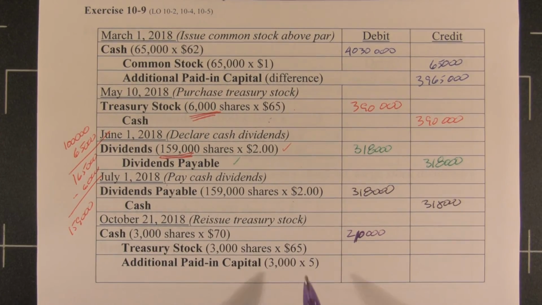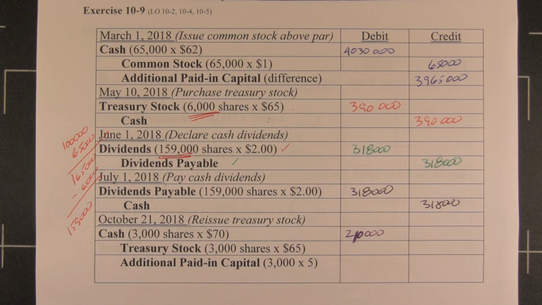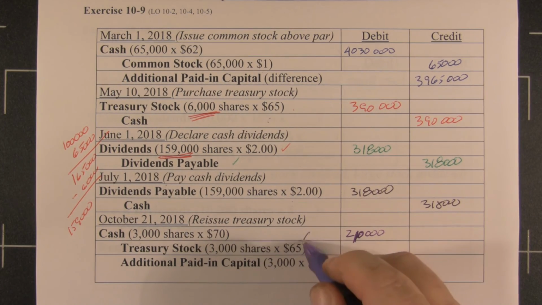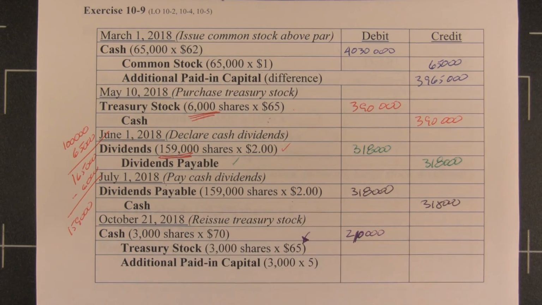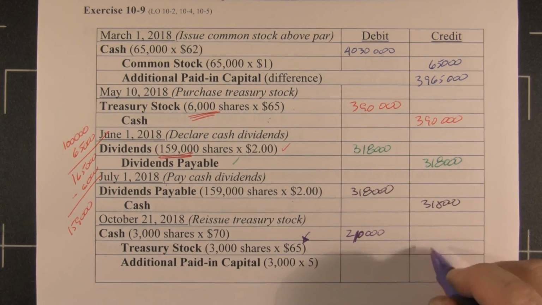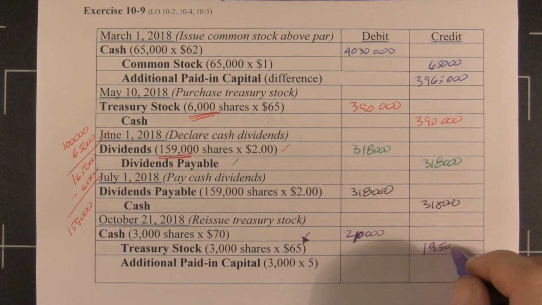Our treasury stock, remember, once a share is bought back into treasury, you ignore the par. You only focus on what you paid for it, and that was $65 a share. So 3,000 times $65 a share is $195,000.